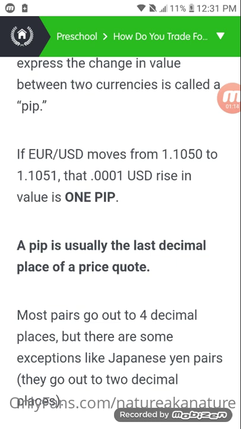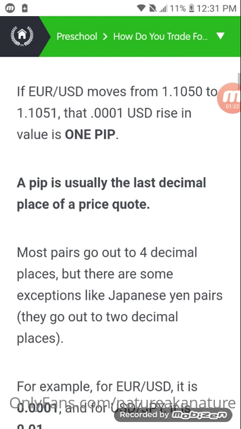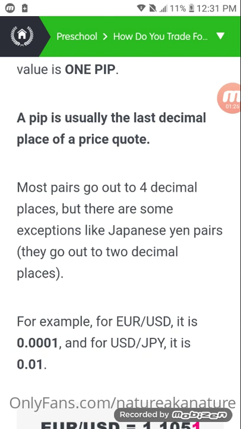Most pairs go out to 4 decimal places, though there are some exceptions like Japanese yen pairs that only go to 2 decimal places. For example, EUR/USD is 4 decimal places over, which gives you the pip. For USD/JPY, it will be 2 decimal places over, as you can see in the example.